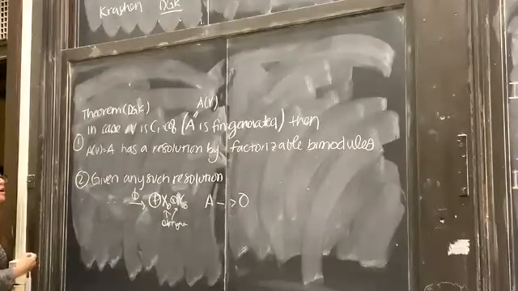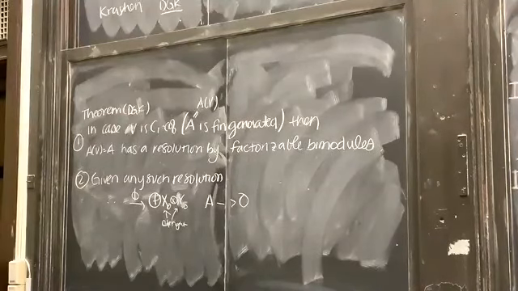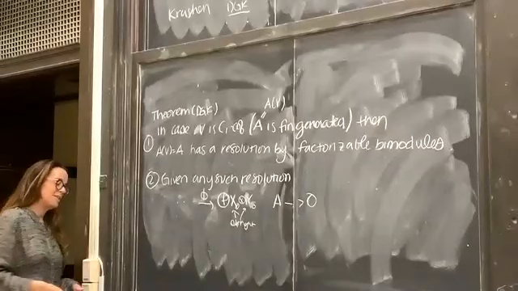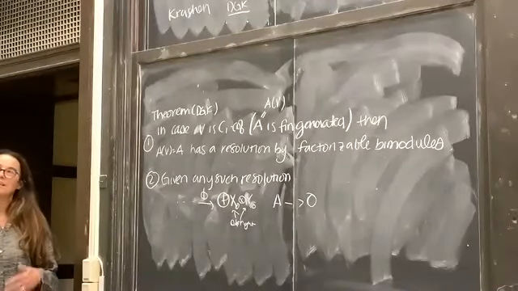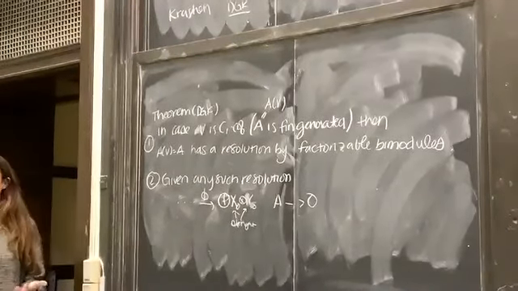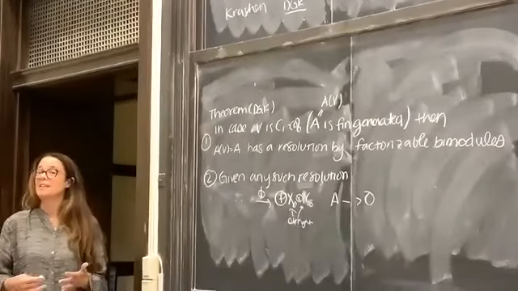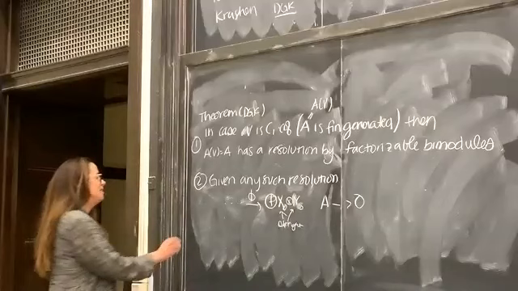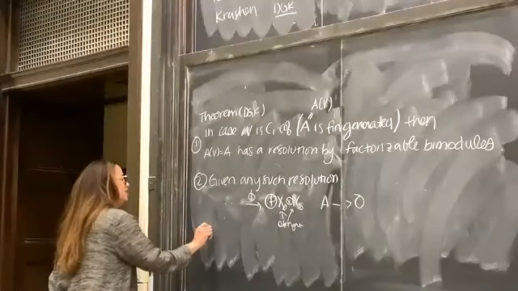So given any such resolution, you can apply the bimodule functor. You can apply this process of applying the bimodule functor, tensoring with the modules, and taking coinvariants, a composition of operations that's right exact. And this gives a presentation.